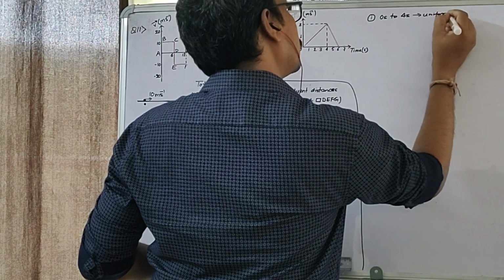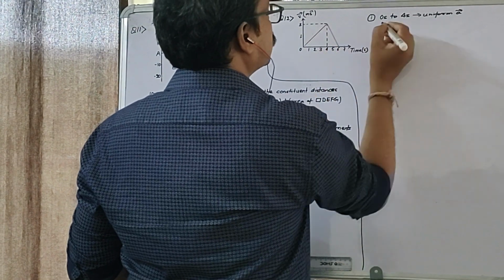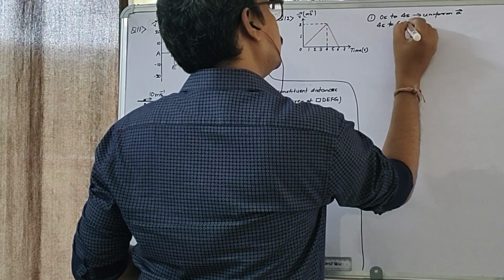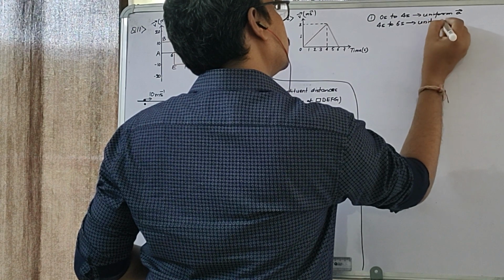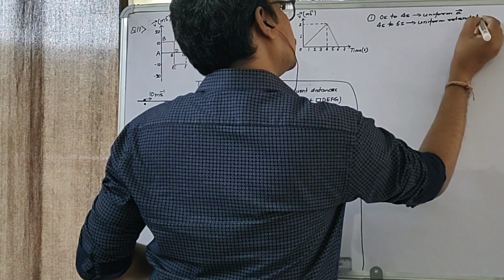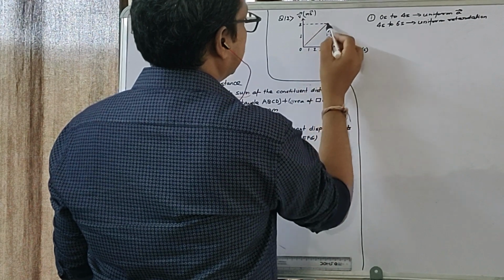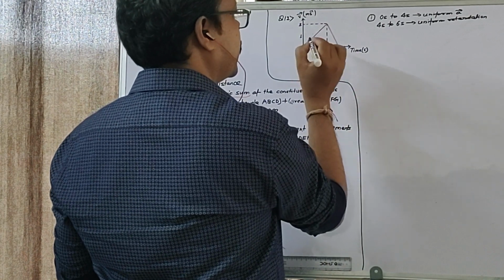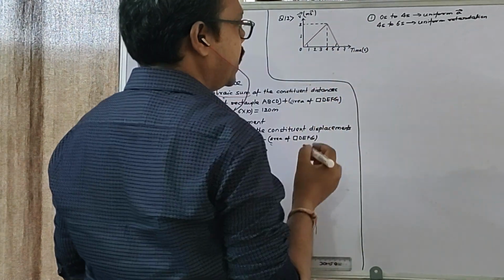And from 4 second to 6 second, you can say it is uniform retardation. Retardation is when velocity decreases. From 0 to 4 second velocity increases, from 4 to 6 second velocity decreases, but both are increasing or decreasing at the same rate because they have constant slope. So the first part we are done.